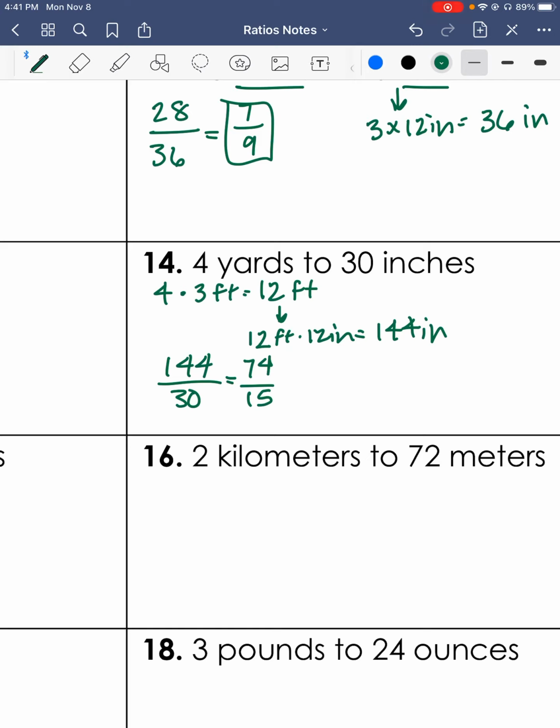And then maybe divided by 3 again, which will take us to 24 over 5.